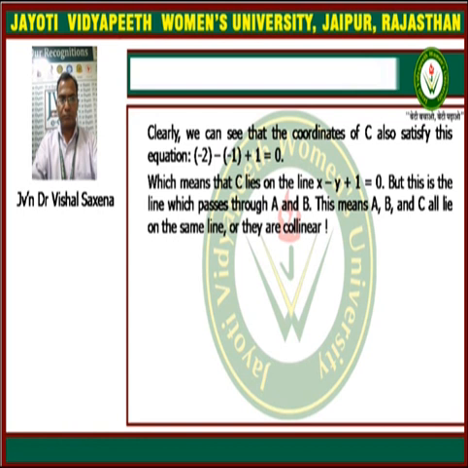This equation is satisfied, and hence the 3 points A, B and C lie on the same line. So in this way we have shown that the 3 points A, B and C are collinear points.